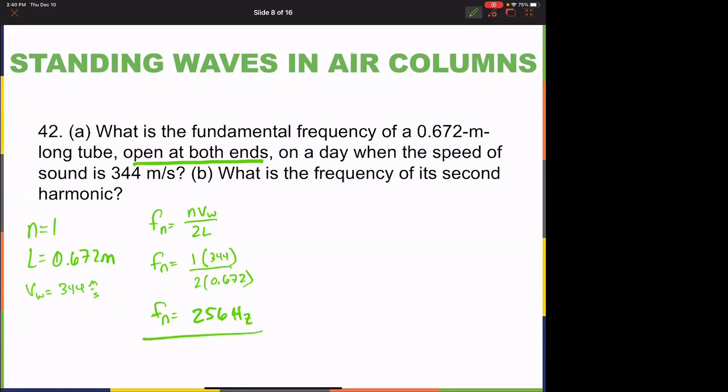That's our fundamental frequency. Then the second frequency, F2, for this one, n equals 2. So it'd be 2 times 344 over 2 times 0.672, or 2 times 256. They're integer multiples, 512 hertz. Those would be your two answers there.